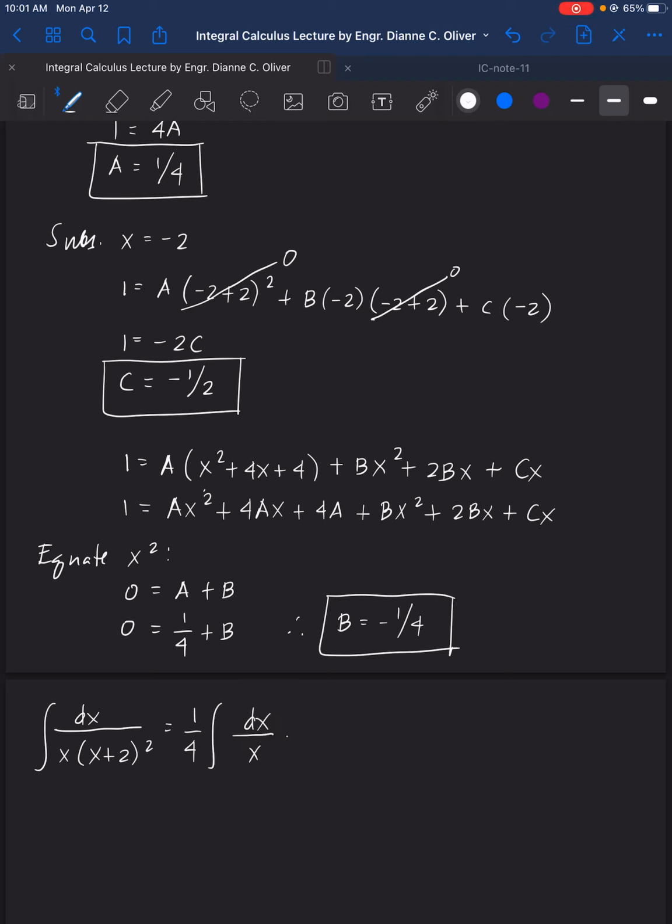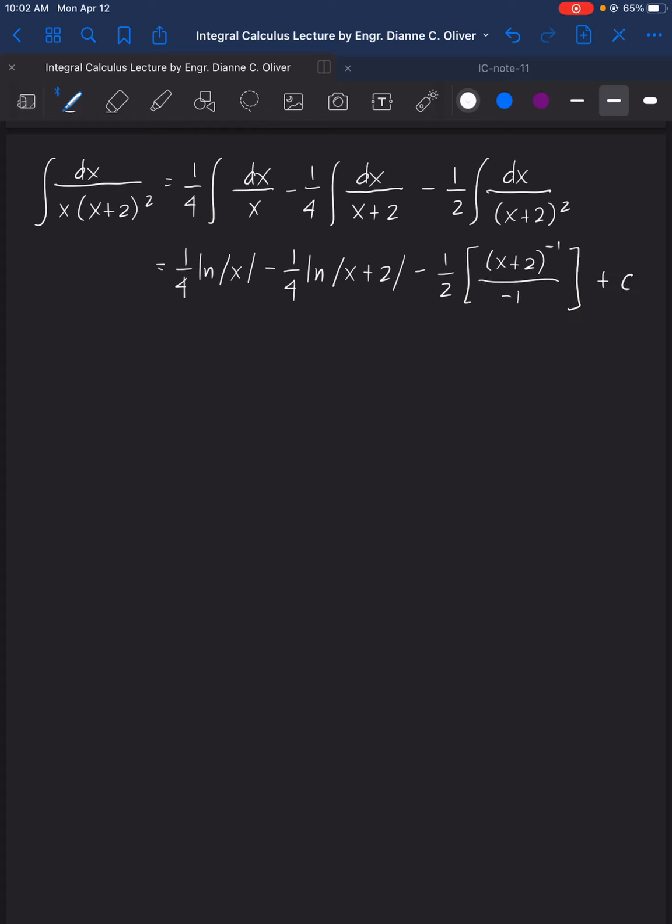For b, we have negative 1/4 integral of dx over x plus 2. Then we have the value for c as negative 1/2, integral of dx all over x plus 2 squared.